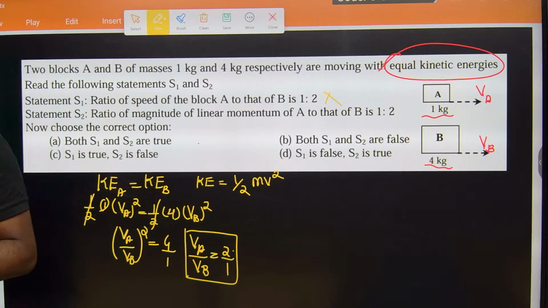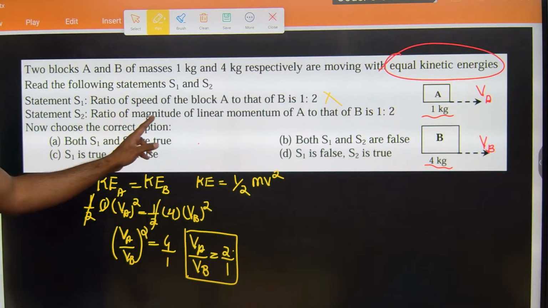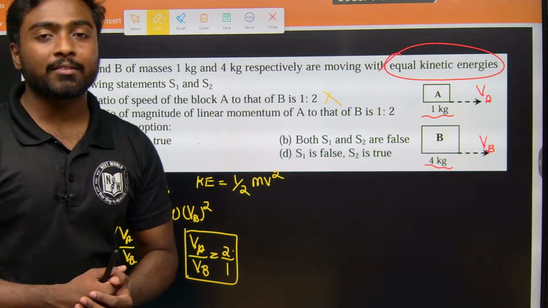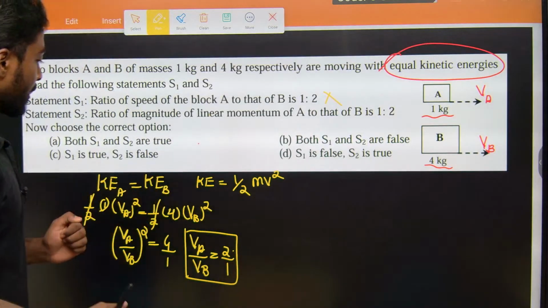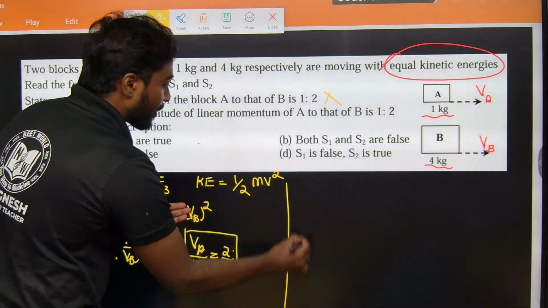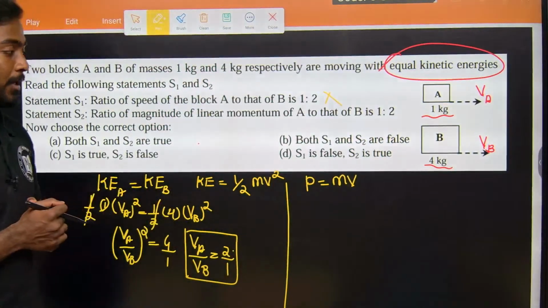So statement 1 is false. Now what about statement 2? The ratio of the magnitude of linear momentum. Linear momentum is mass into velocity. The momentum formula is P equals mass into velocity.